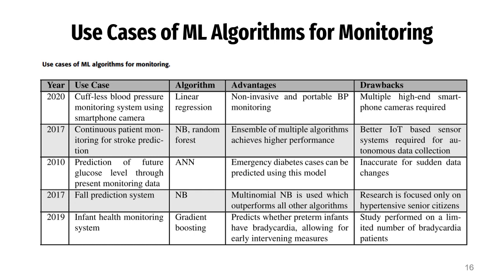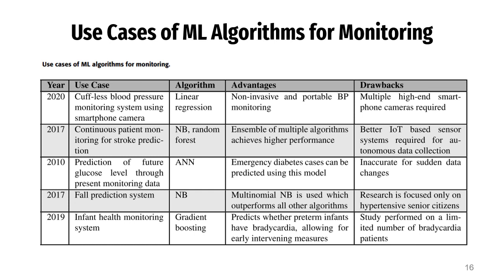In the year 2010, prediction of future glucose level through present monitoring data, and the algorithm used was ANN. The advantage is that emergency diabetes cases can be predicted using this model. So this model can be used to predict diabetes cases which have an emergency nature.